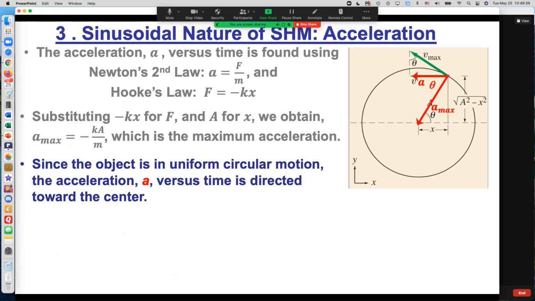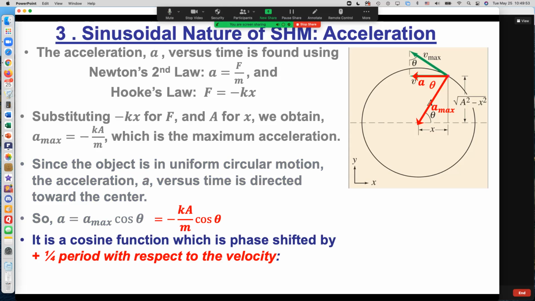That's a, right? We got theta there. So a is a max cosine theta, or minus k over m times A cosine theta, the cosine function, which is phase shifted by plus a quarter period with respect to the velocity. So the acceleration is a maximum at each turning point, at each extreme.